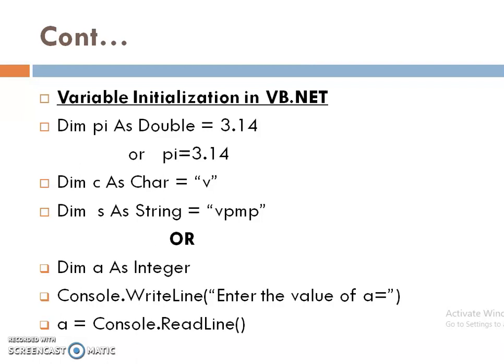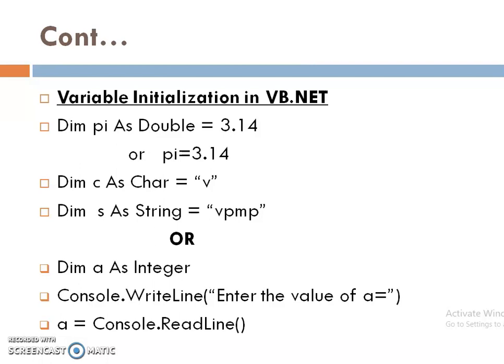Then the next example is Dim c As Char = "v". Now the next example, Dim s As String = "VPMP", where in double quotation we write the value of the s variable. This is the static form of assigning a variable value.